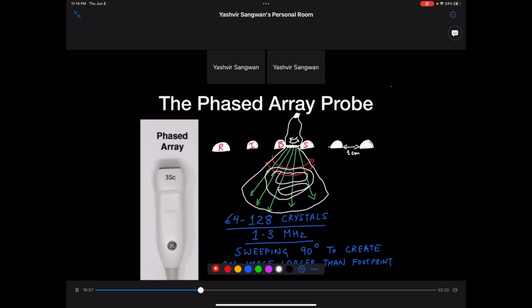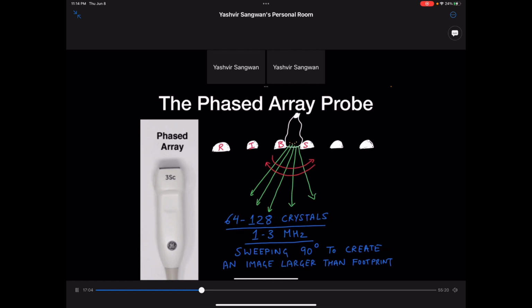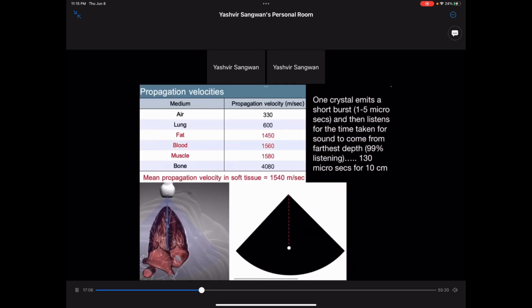Okay? These are 1 to 3 megahertz, and they sweep to create a bigger image than the footprint of the probe. So how does an ultrasound actually create an image? It's the same concept as when you are using a fish finder on a boat.